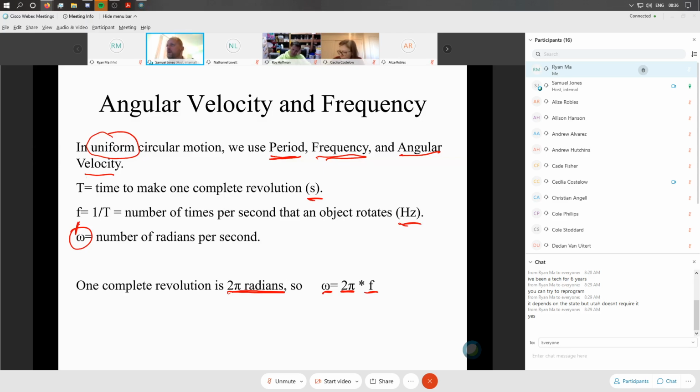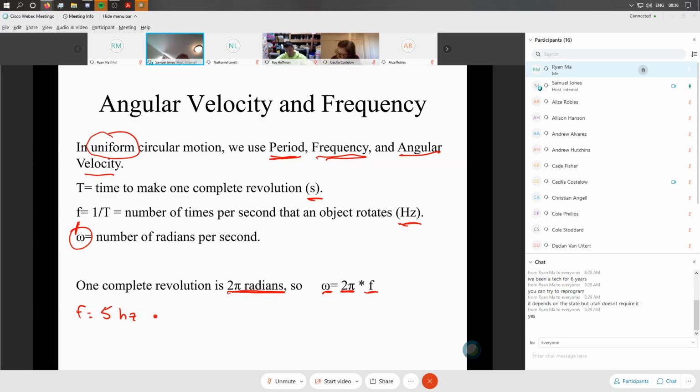Okay, so if I were to give you a wheel, for example, and say that it makes 5 rotations per second. All right, so let's say I give you your frequency. I say my frequency is equal to 5 hertz. That means it's making 5 complete rotations every second. Does everybody agree with that? Okay.